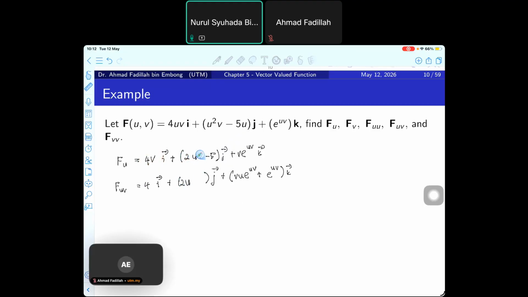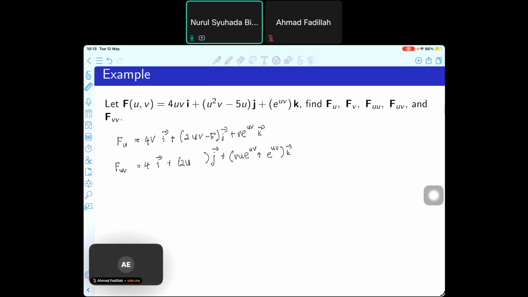Differentiating negative 5 with respect to v is equal to 0. And here is going to be a product rule. I already explained how to use the product rule, and you can try to do it on your own to get this answer. So this is the final answer for the partial derivative with respect to u, and then with respect to v, F_uv.